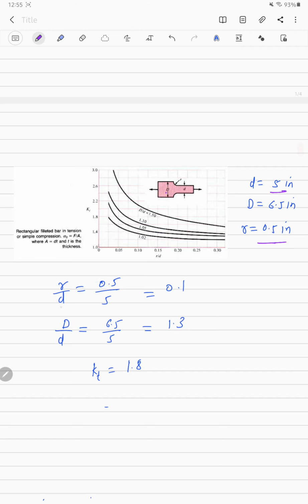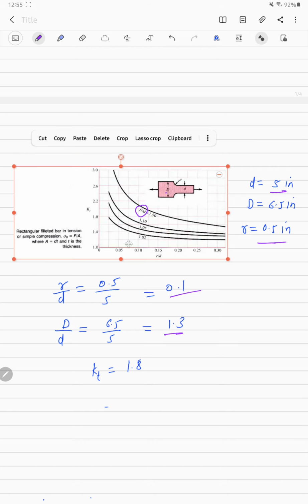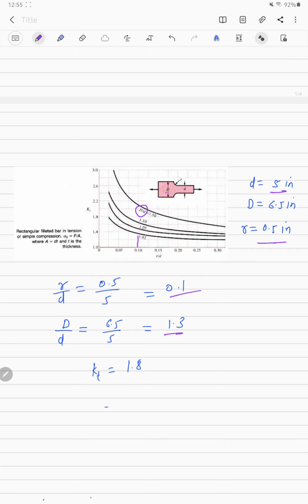So R by d is 0.5 by 5, which is 0.1, and D by d is 1.3. At R by d 0.1, we draw a vertical line up to 1.3. 1.3 is not shown, only 1.1 and 1.5, so 1.3 lies in between.